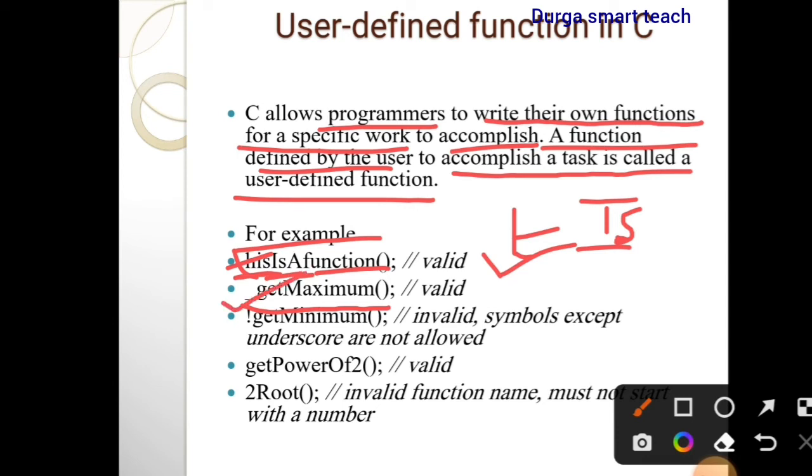Whatever the rules for identifiers, those rules are applicable for function names also. The only difference is that every individual word in a function name should start with an uppercase letter, except the starting word.